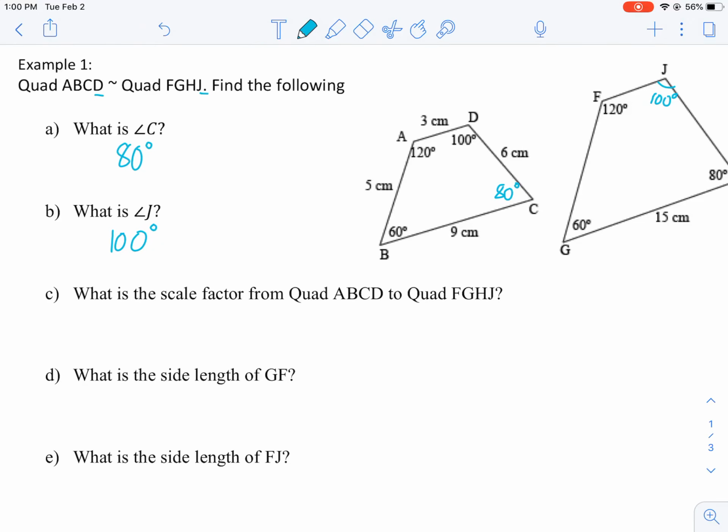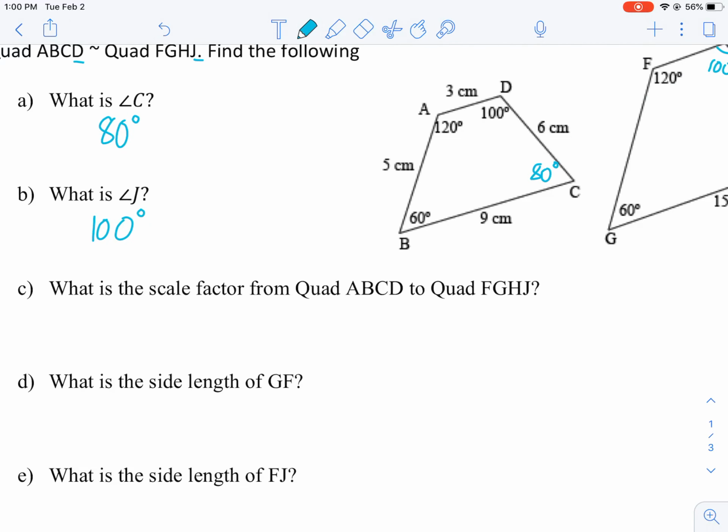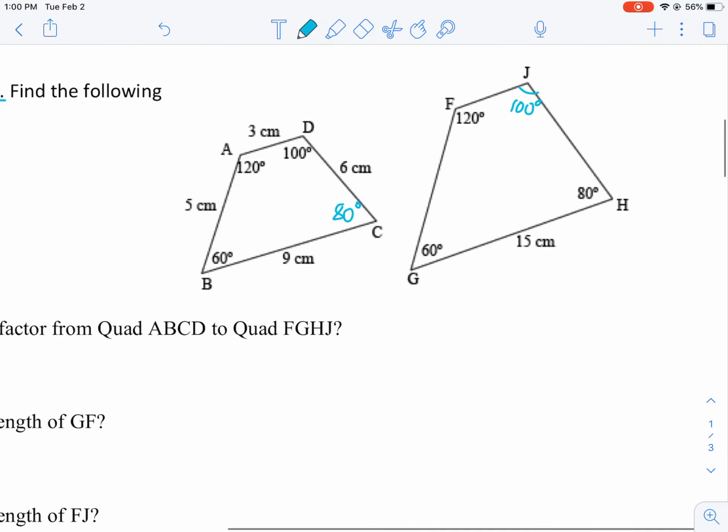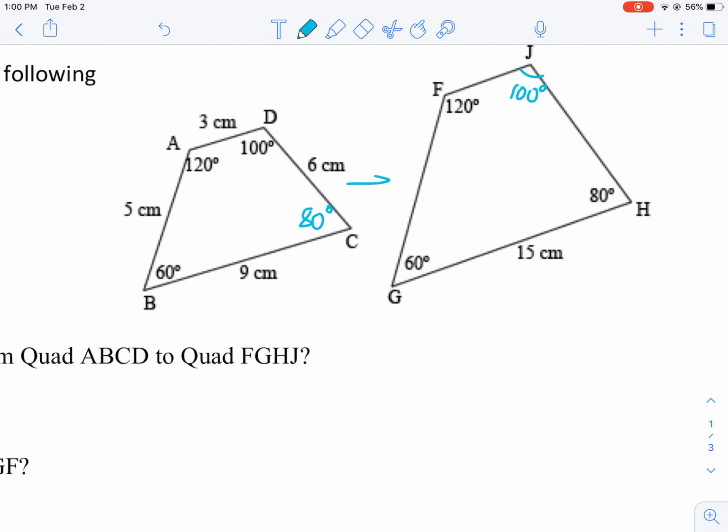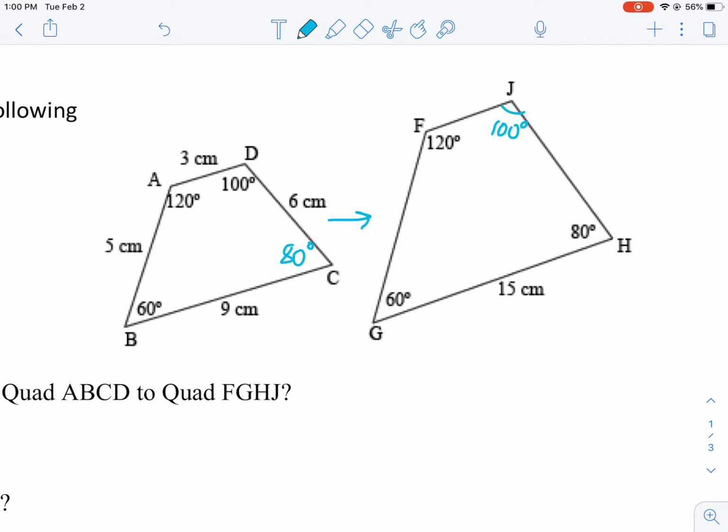Second thing, what is the scale factor from quadrilateral ABCD to FGHJ? So that means we're going from small to big, okay? So in order to find the scale factor, all right, remember we used to talk about what you are going to multiply by to get from one shape to the next, right? Well, in order to find the scale factor, you have to find two corresponding sides that you have the side lengths for both shapes.